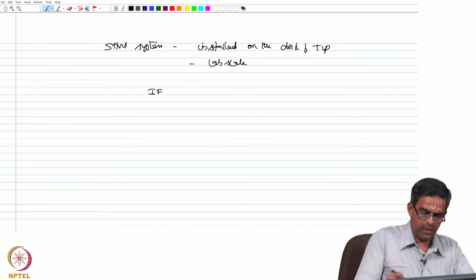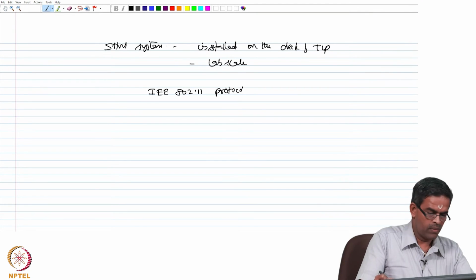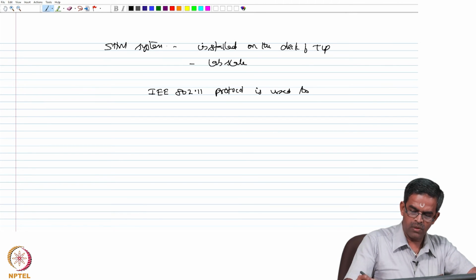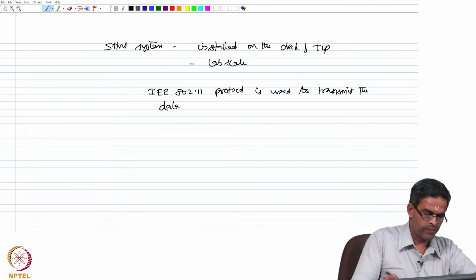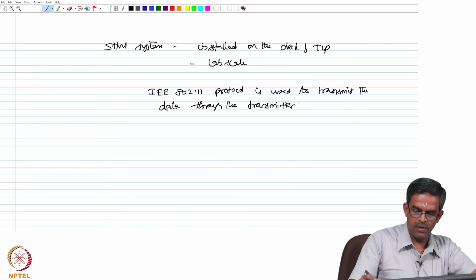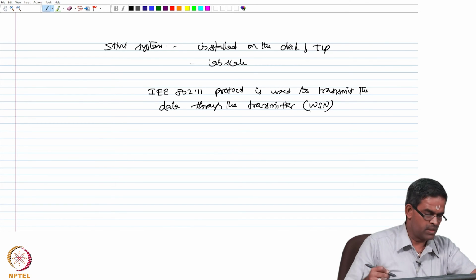Now, the IEEE 802.11 protocol is used to transmit the data through the transmitter in the case of wireless sensor networking.